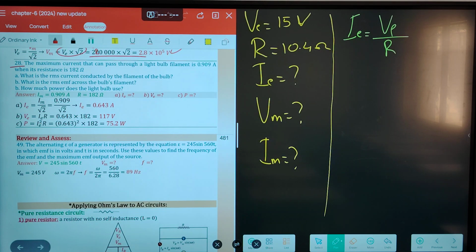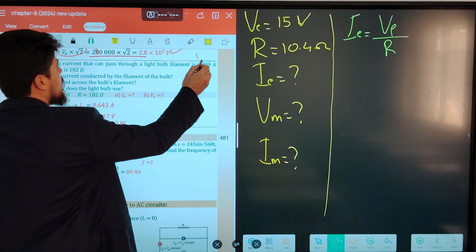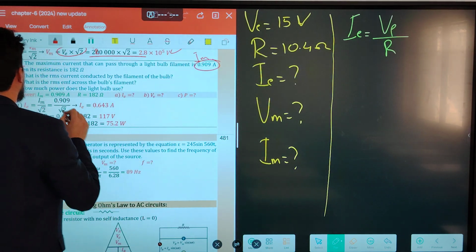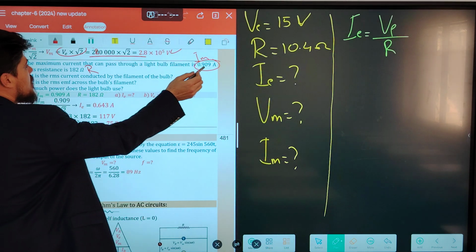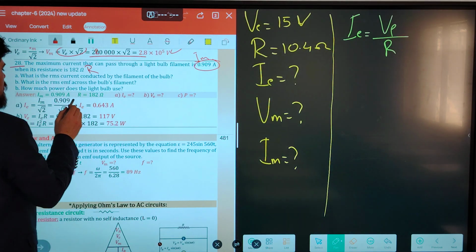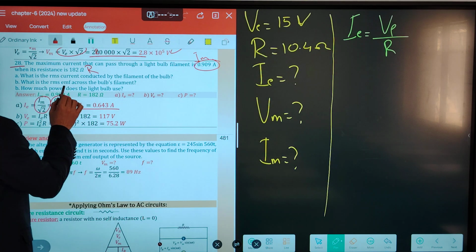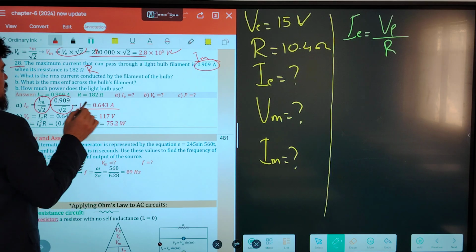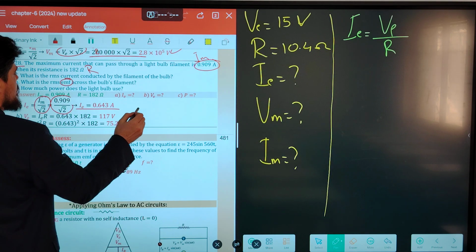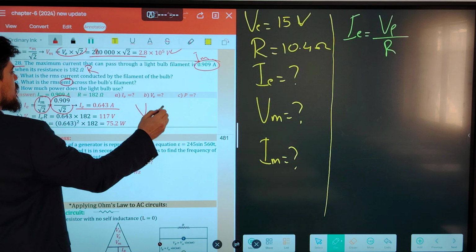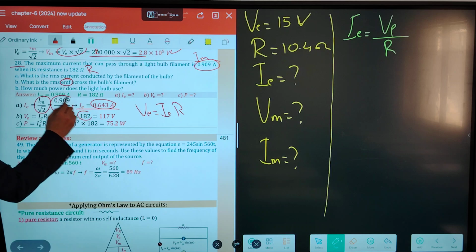Question 28. The maximum current that can pass through the light bulb filament, this is IM, and the resistance are given. What is the RMS current? RMS is equal to IM over radical 2. RMS EMF, VE, is equal to IE times resistance.